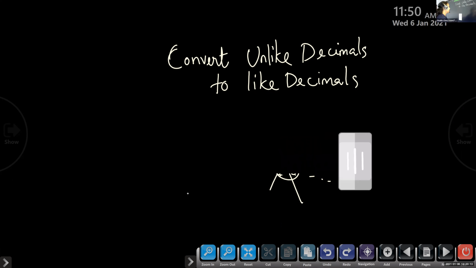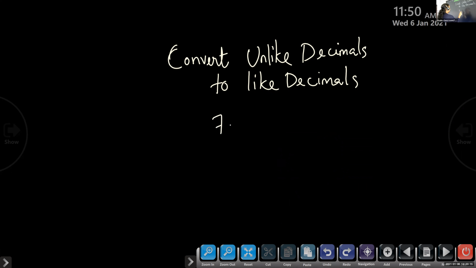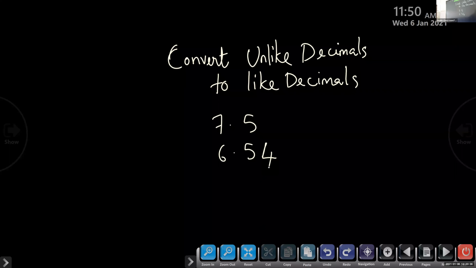But here we have 7.5, 6.54. So Isha, are they like decimals or unlike decimals? Unlike. So children, how can we make like decimals?